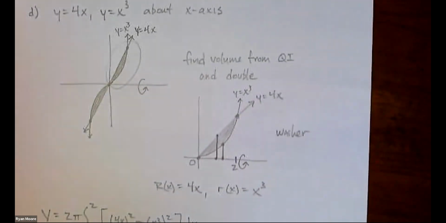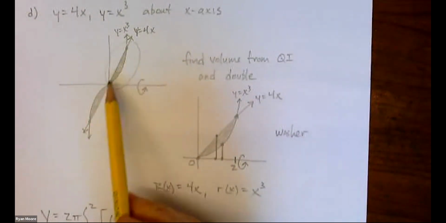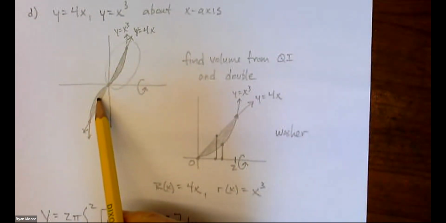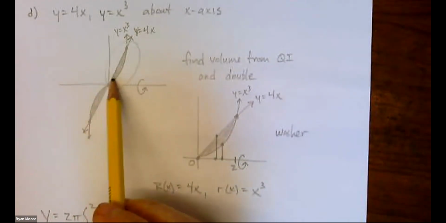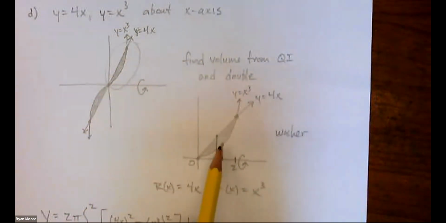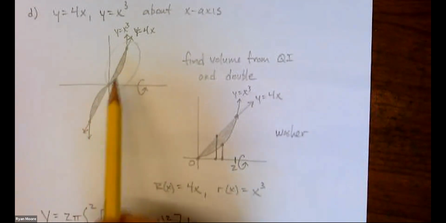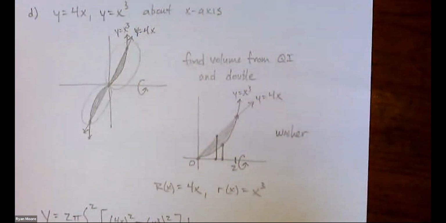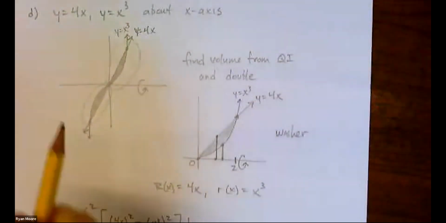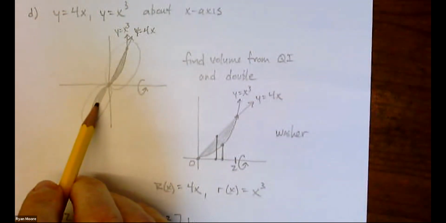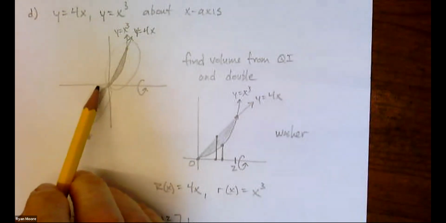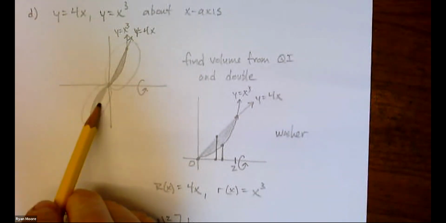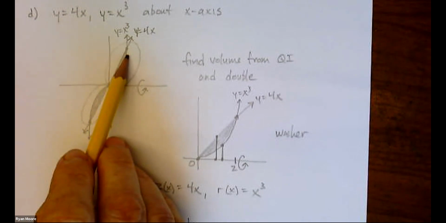But again, what was helpful, right? Noticing the symmetry was really helpful. If we had not noticed the symmetry, then we would have had to do 2 separate integrals anyway, because you notice, well, is that true? No, because even down here, the outer radius, I was thinking top bottom, but that's not how we do this. The outer radius would have still been 4x.